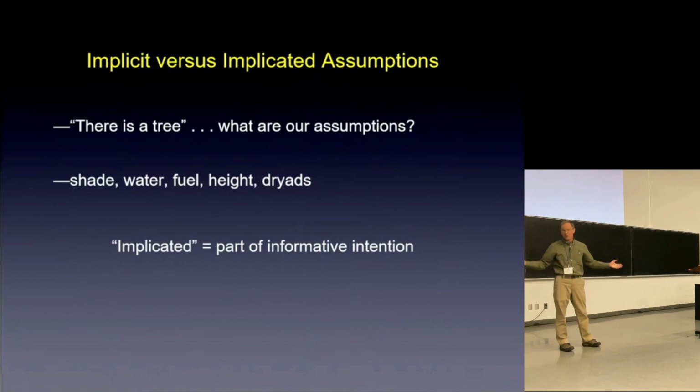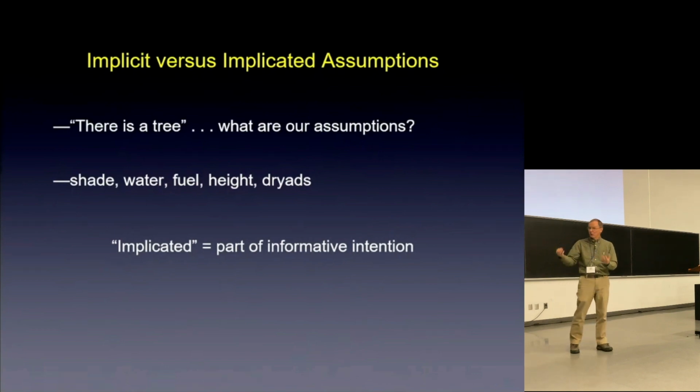There are lots of assumptions that are implicit in the environments in which we live that aren't necessarily part of what we're trying to communicate with each other until we give some words that give guidance to the listener to implicate those elements of the environment that are important to draw upon for inferential processing.